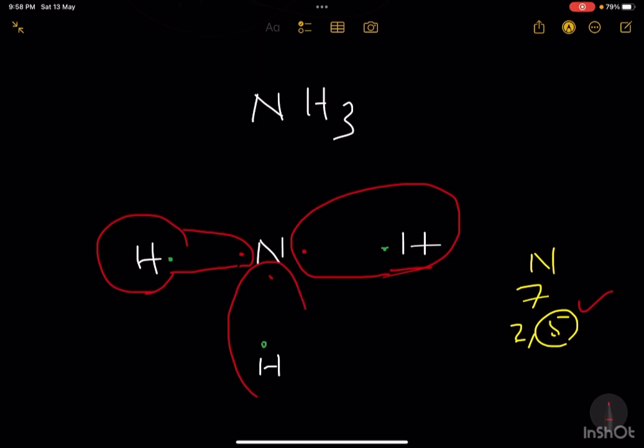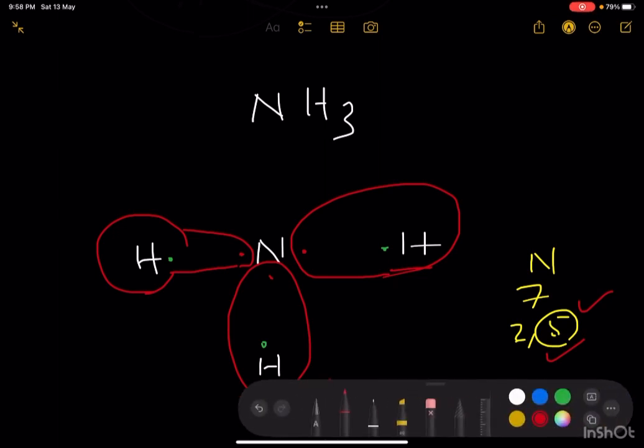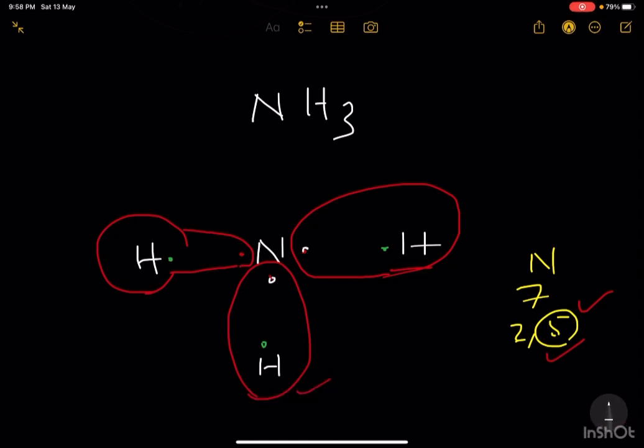Similarly, this H needs 1 electron, so this nitrogen gives 1 electron. But you know, nitrogen has 5 electrons in its valence shell. We have already drawn 3 electrons. 3 means another 2 electrons are there, and just keep those 2 electrons above nitrogen as a pair of electrons, or you can say lone pair. This is a lone pair.